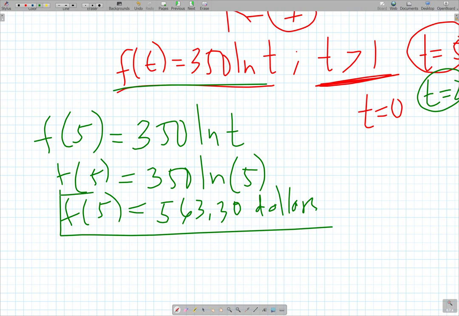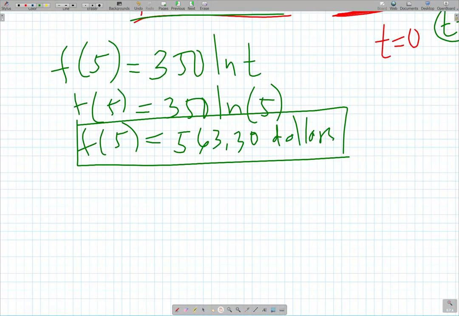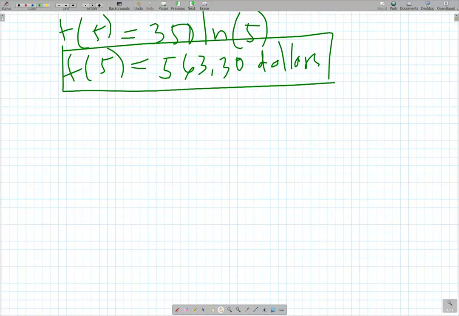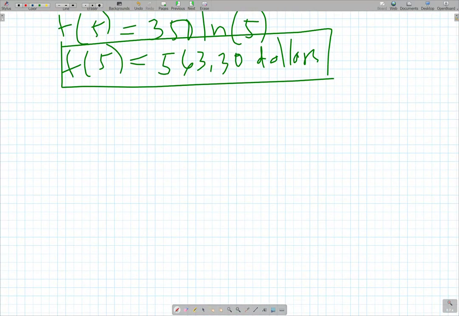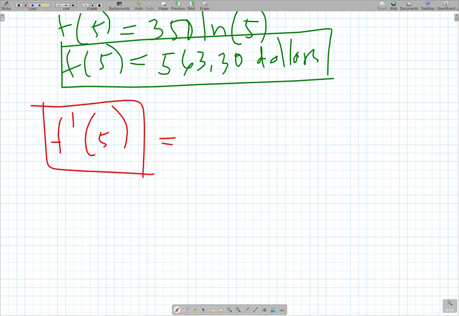And then the next required question is F prime of 5. Okay, so F prime of 5, what could F prime mean? That is actually df over dt, right?